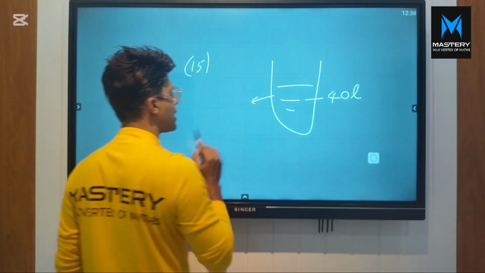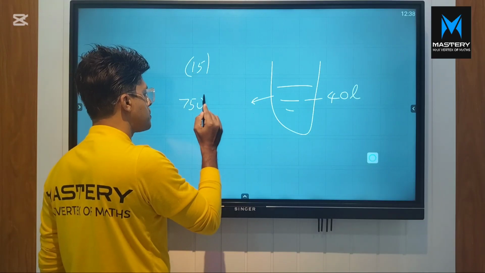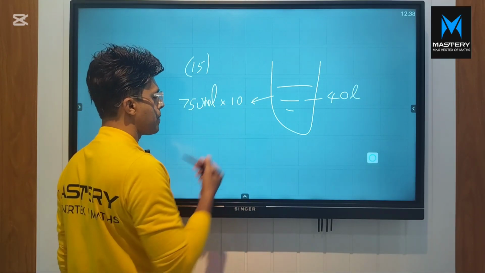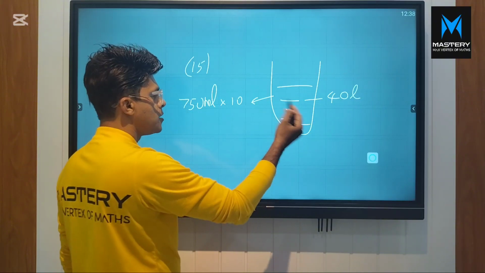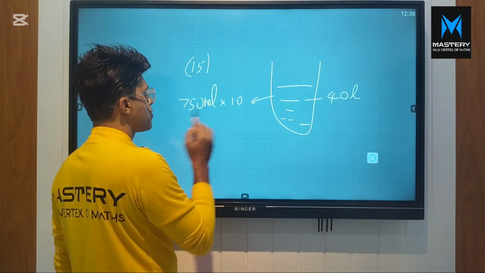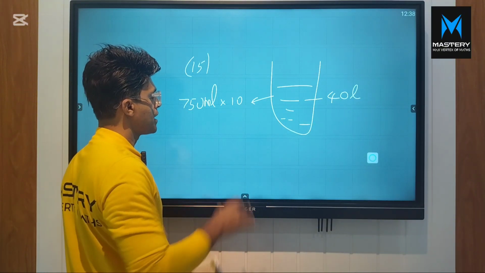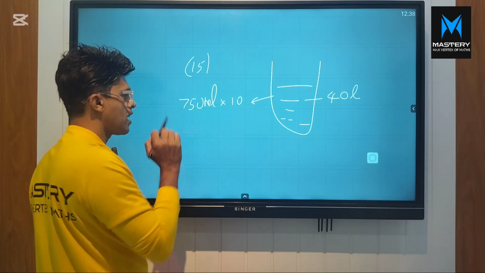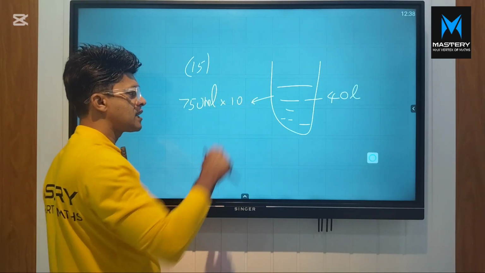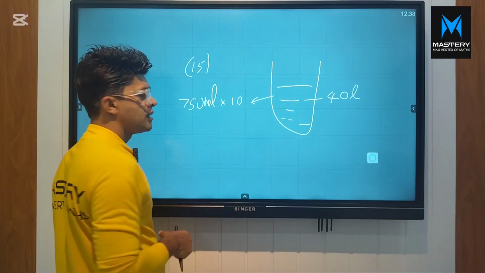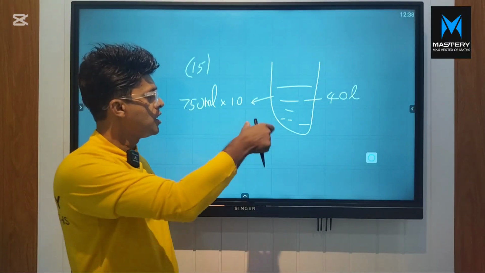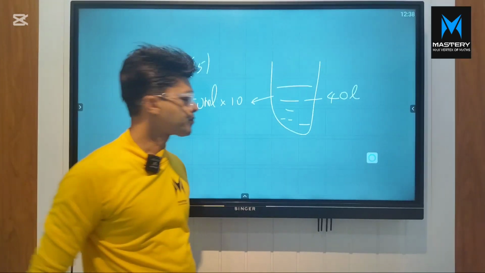The capacity of one container is 750 milliliters. From this container, we are getting 750 milliliters times 10, right? 10 such containers are taken out from this one. Then it reduces the amount of water in this container.